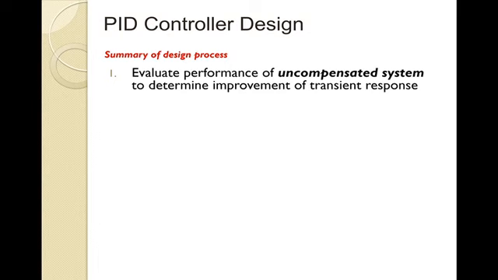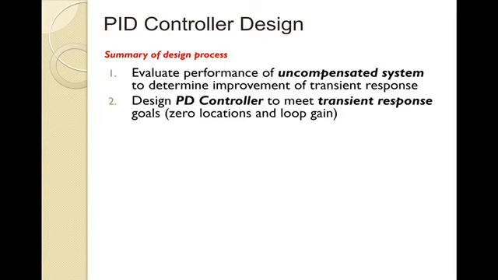Even if we did have some feedback here, we were able to roll it in here and then have unity gain feedback. And finally out here was our output, C of S. So really, we have a plant. When I talk about our uncompensated system, this is really what I'm talking about. What are the open-loop poles and zeros, and then maybe varying some gain to get some desired response. Okay, so that's the first step.